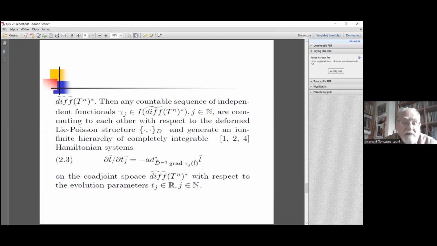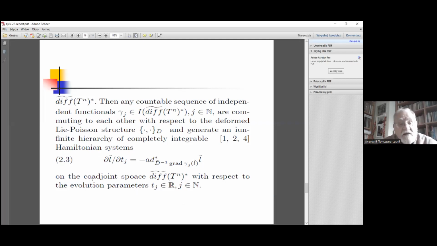In the case when this abelian group of symmetry is complete, of maximal rank, coinciding with half of the dimension of the manifold, our manifold, the diffeomorphism group of the torus, we can state that our Hamiltonian systems are really completely integrable.